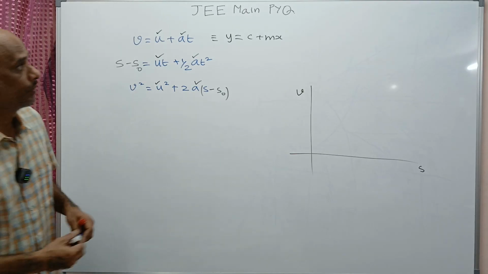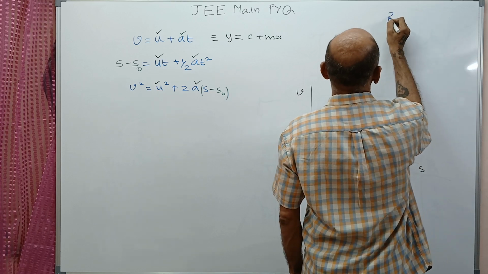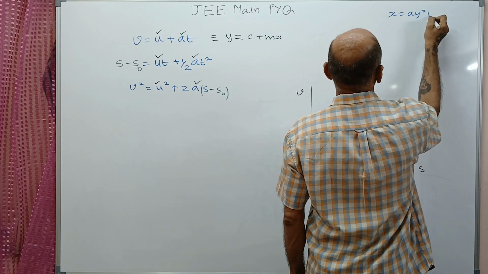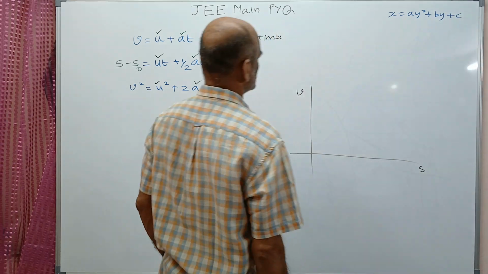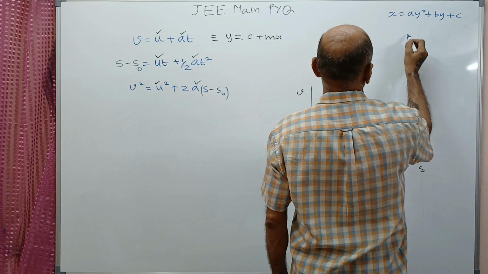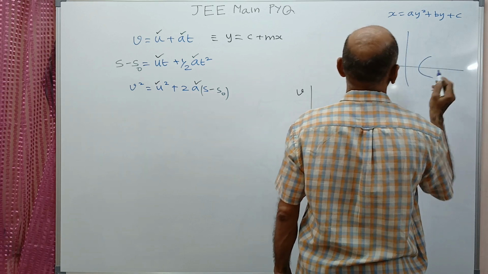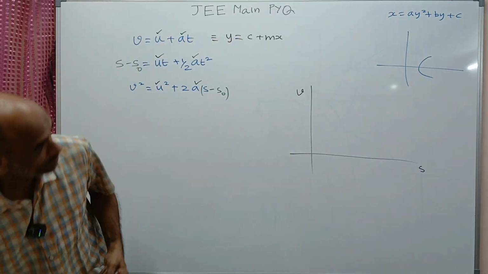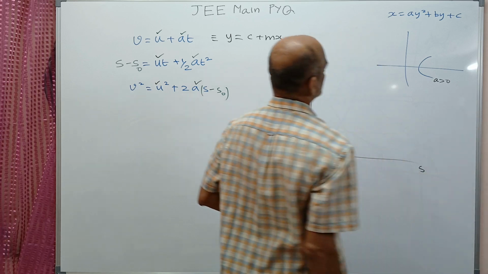Like y equal to ax squared plus bx plus c is a parabola, similarly we have x equal to ay squared plus by plus c. This parabola will look like this, where this axis is the y-axis, so it looks like a C. This is for a greater than 0.